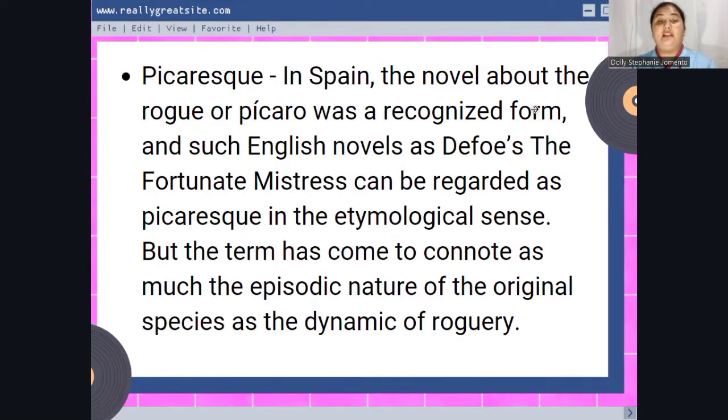In Spain, the novel about the rogue or picaro was a recognized form, and such English novels as Defoe's The Fortunate Mistress can be regarded as picaresque in the etymological sense. But the term has come to connote as much the episodic nature of the original species as the dynamic of roguery.